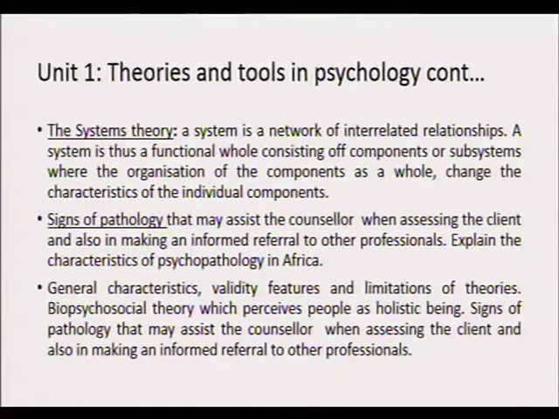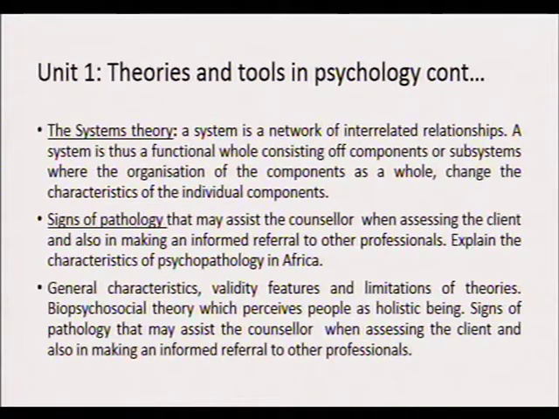The systems theory. A system is a network of interrelated relationships. A system is thus a functional whole consisting of components or subsystems, where the organization of the components as a whole changes the characteristics of the individual components.